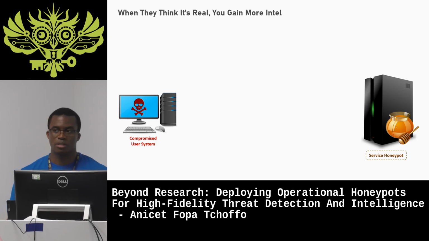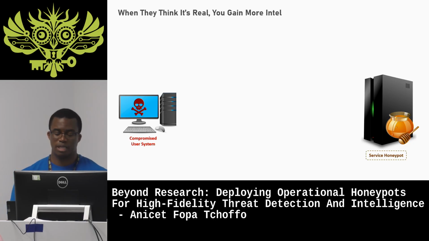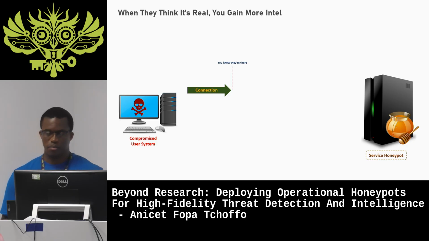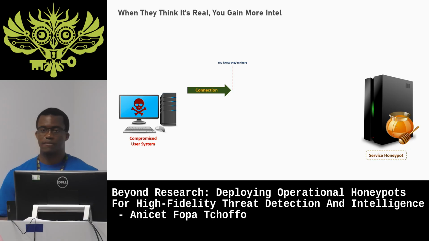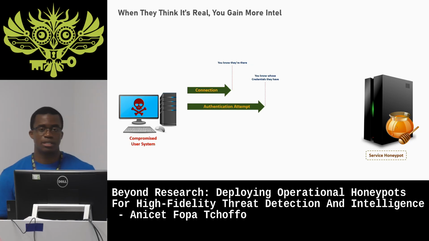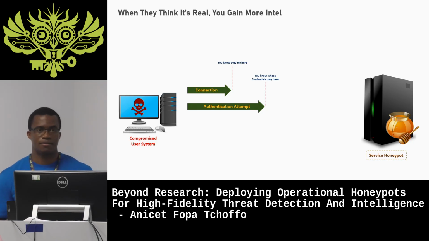Now, the more believable our honeypot is, the more intelligence we might be able to gather from the attacker. Let's take a service honeypot, for example. If an attacker just tries to connect to it, we know they're there. Even at this point, even if they realize it's a honeypot and stop interacting with it, at least we know they're there. But if we make it believable enough and give them an option to authenticate, they might authenticate using credentials that they already have access to in our environment, and this might give us an indication of whose credentials they have.